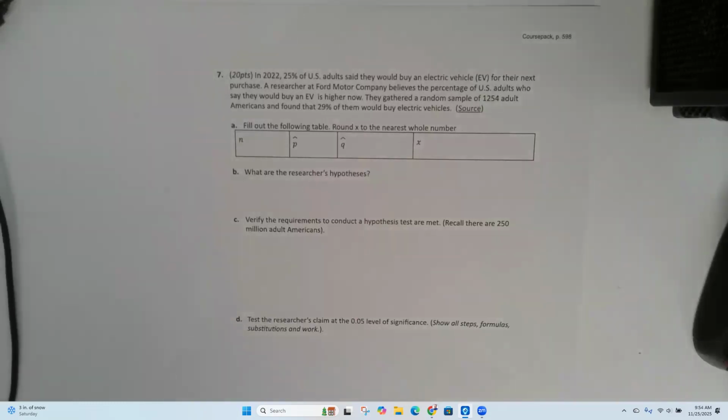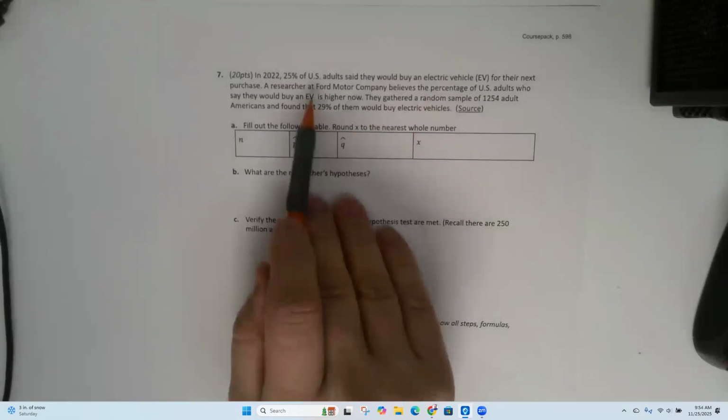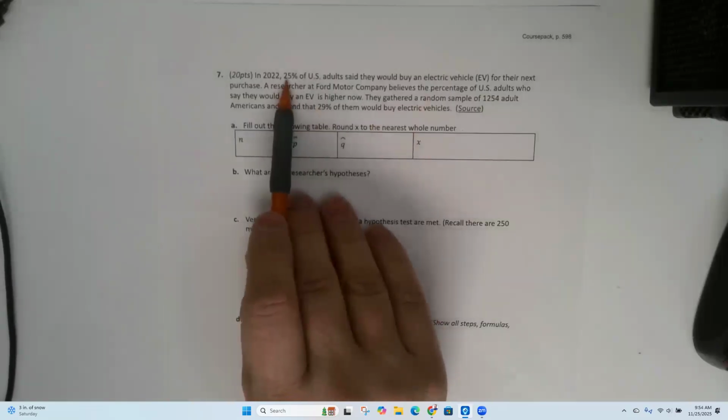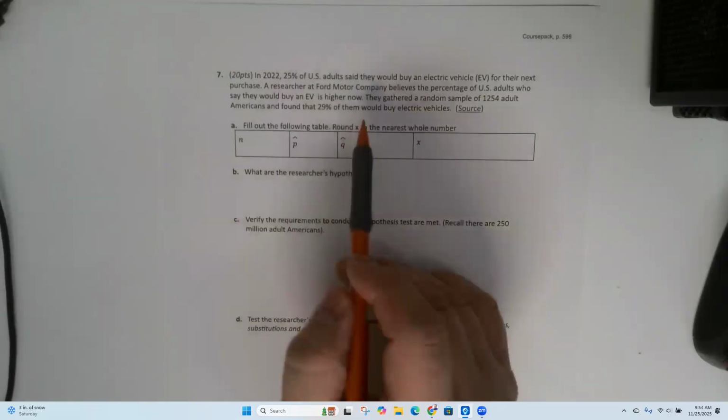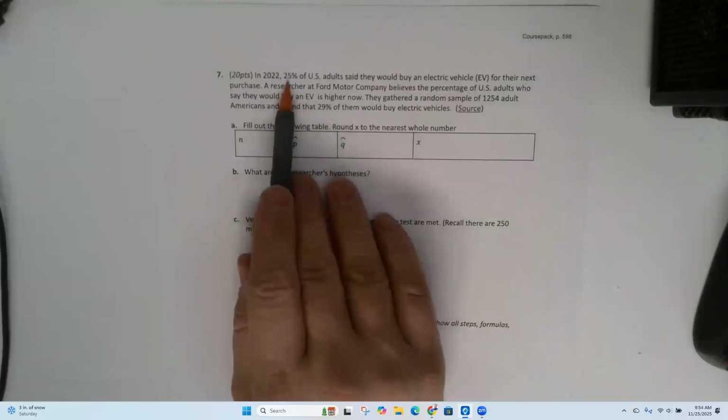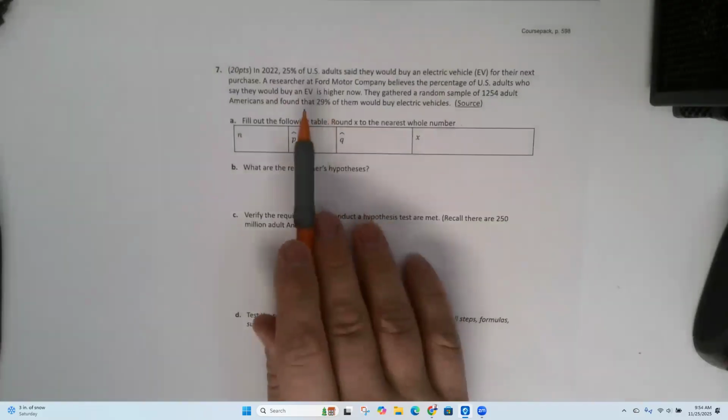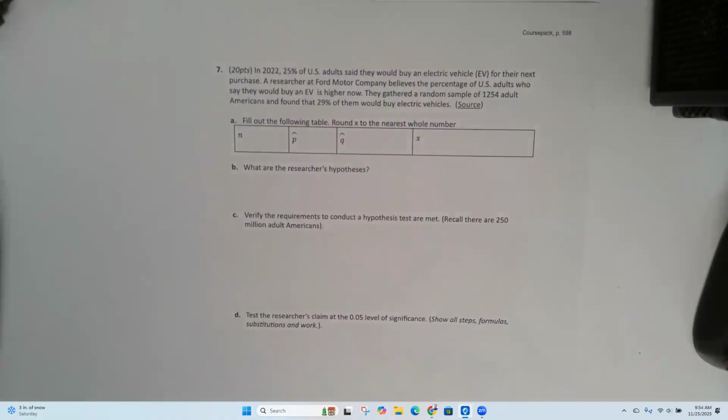So, let's say you had done this and your percentage came out to be 25.1. Well, back in 2022, it was 25%. And now it's at 25.1. Yeah, that's an increase. But if you did another sample, there's a chance that you would have gotten 24.9.